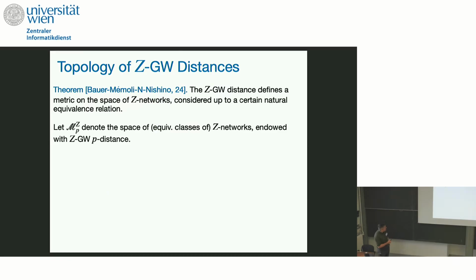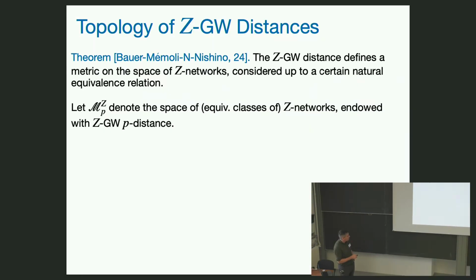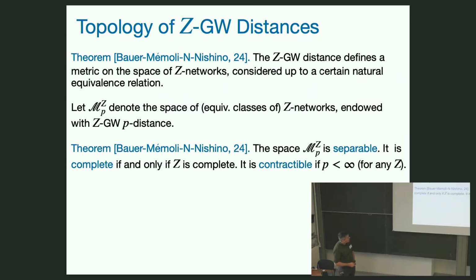Okay, let M_Z^p denote the space of equivalence classes of Z networks with respect to this mystery equivalence relation, endowed with the Z-Gromov-Wasserstein p distance. Then we prove some basic point set topology properties of this space.